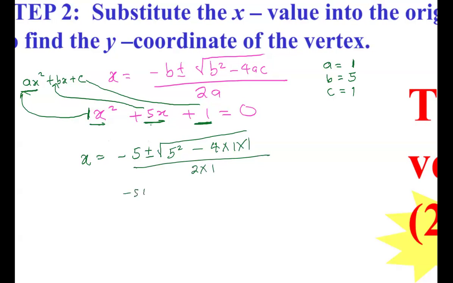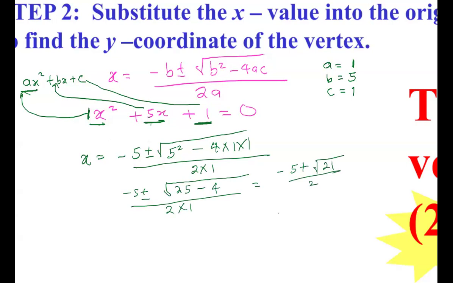So it's going to be minus 5 plus or minus root 21, over 2.